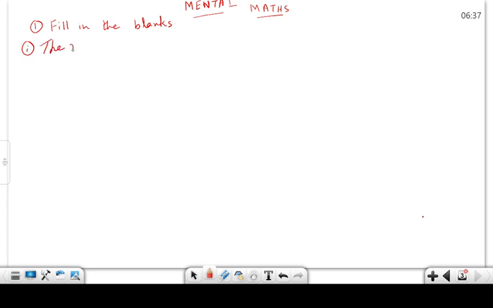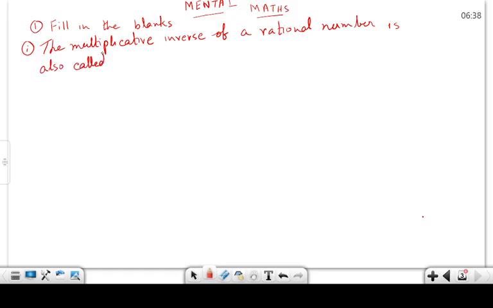The multiplicative inverse of a rational number is also called its reciprocal.